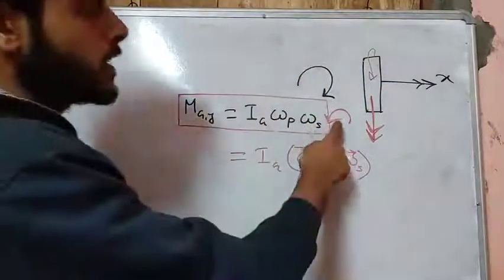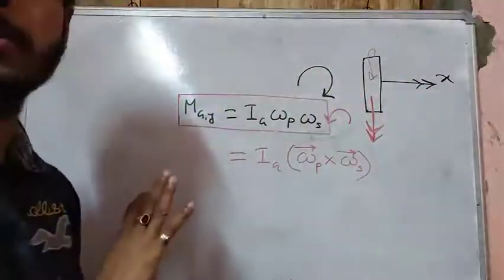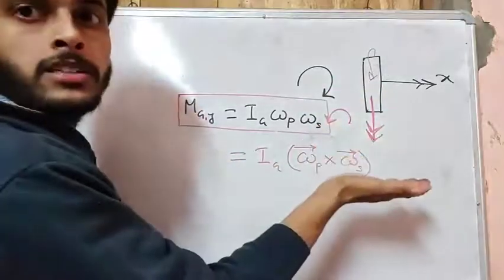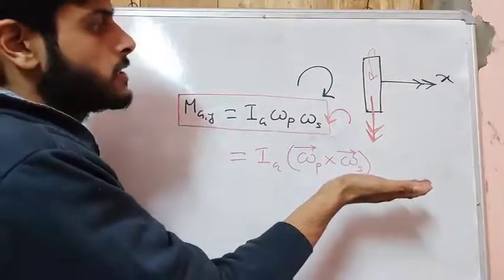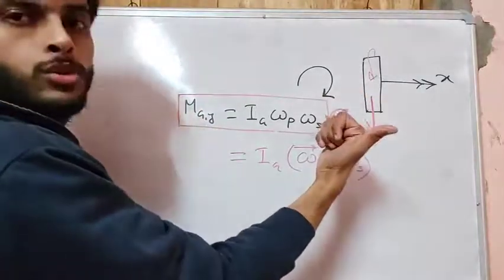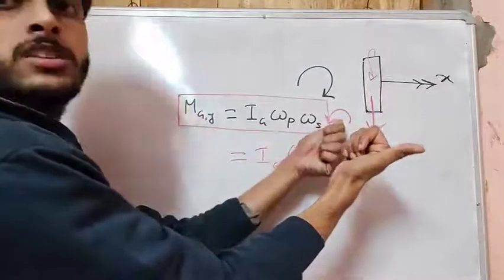Now let's say we apply an externally applied anti-clockwise moment like this. So omega p has to have a direction such that it matches with this direction.